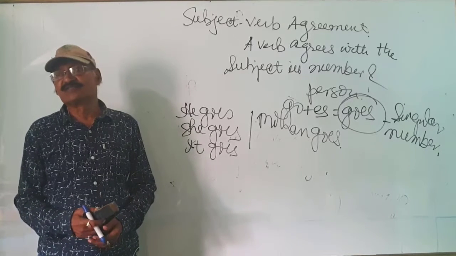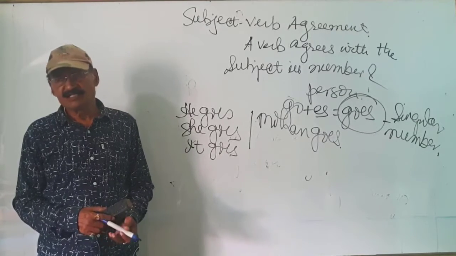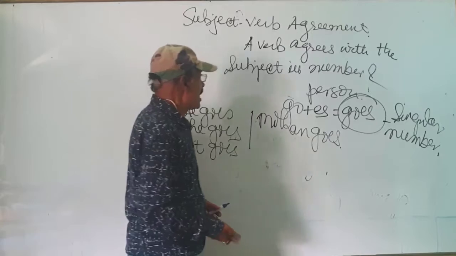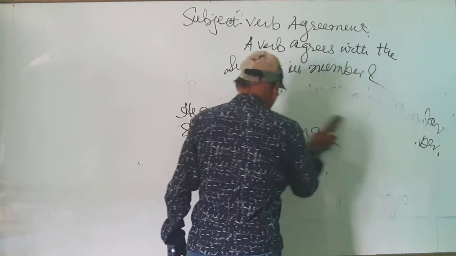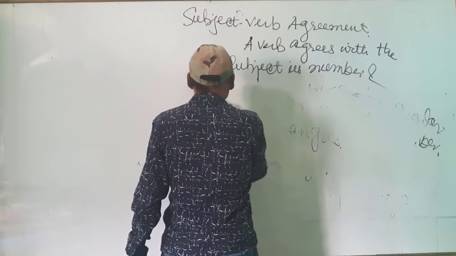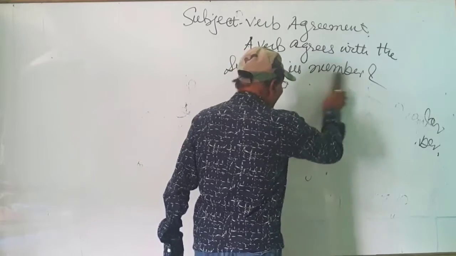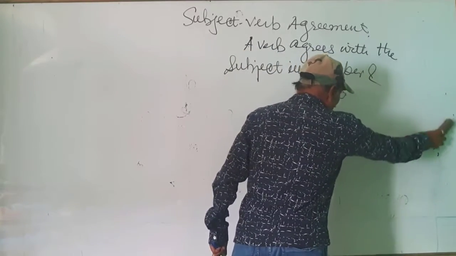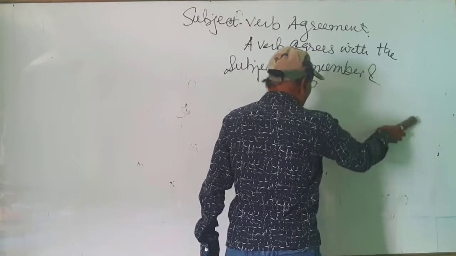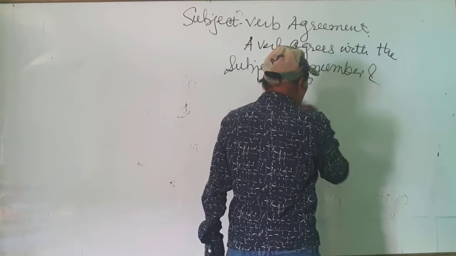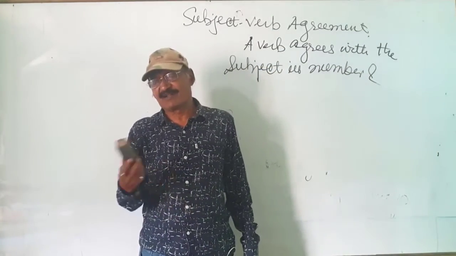Apart from all these, we have different conditions which we have to read separately in the book of grammar, because these things are so important that hardly can your sentence be right unless you understand subject-verb agreement.